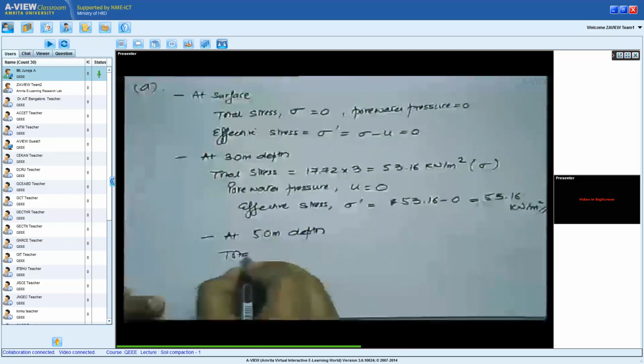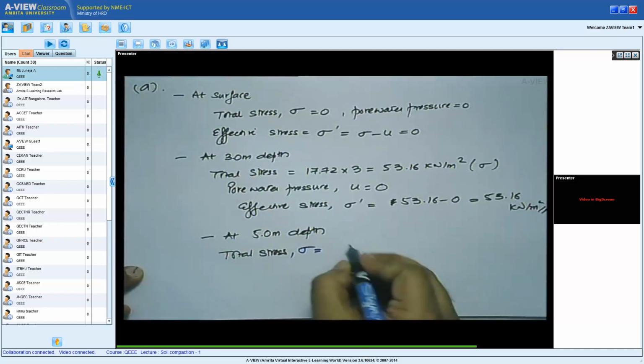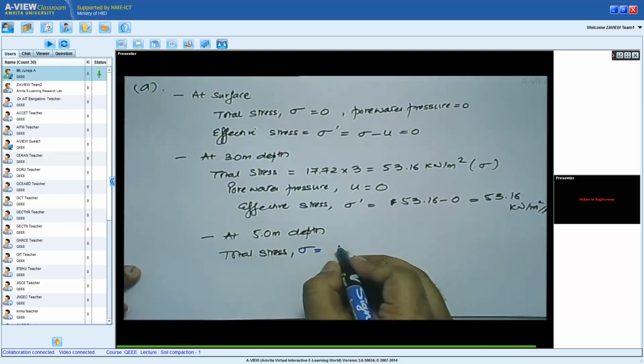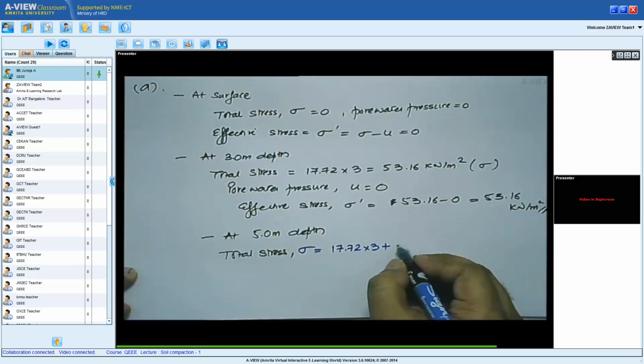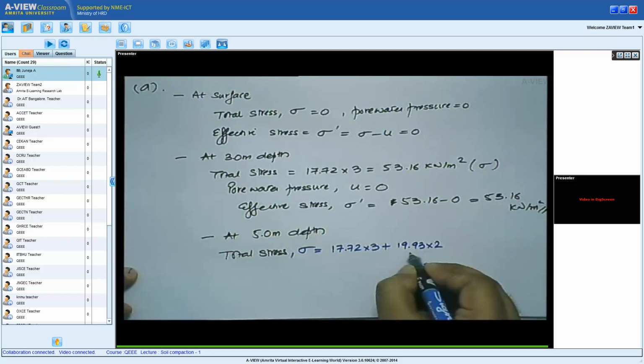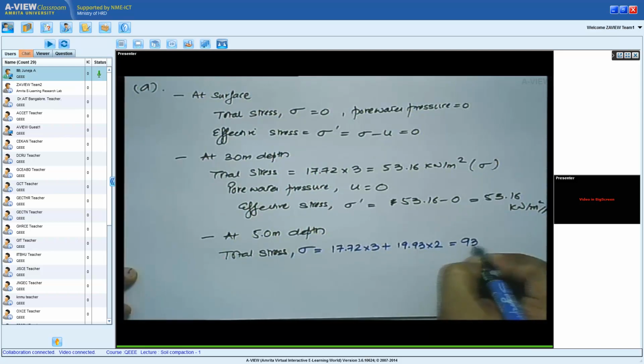Total stress sigma equals, at 5 meter I have 3 meters of the partially saturated sand, so that's 17.72 into 3, plus 2 meters of saturated sand, so 19.93 times 2. It should give you a number which is 93.02 kilonewton per meter square.